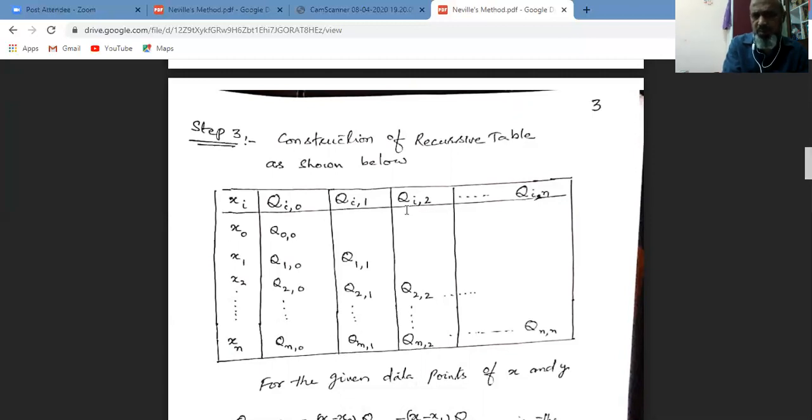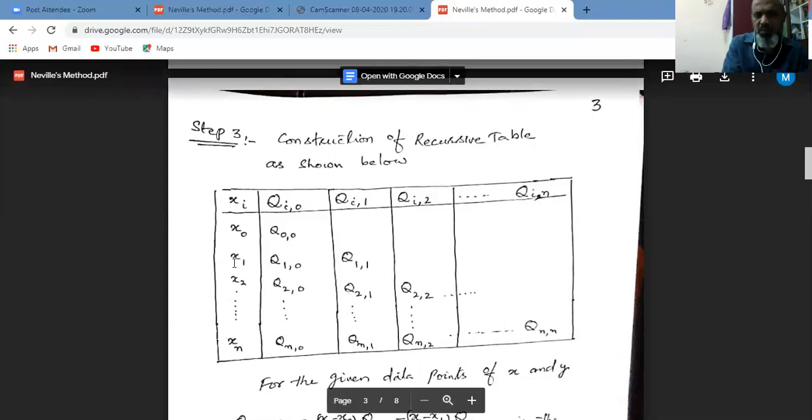Similarly, in this column q i,2, we have to determine q2,2. This is the second degree approximation: q3,2, q4,2, up to qn,2. Similarly, if we go on finding the approximations, the last column is q i,n, so we will get here qn,n. So these are the calculations, and this table is called the recursive table.